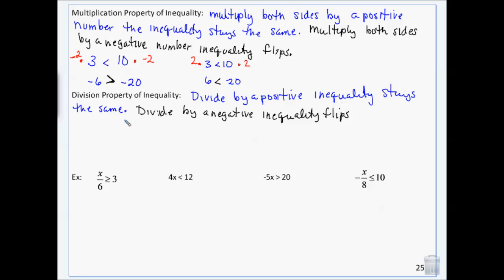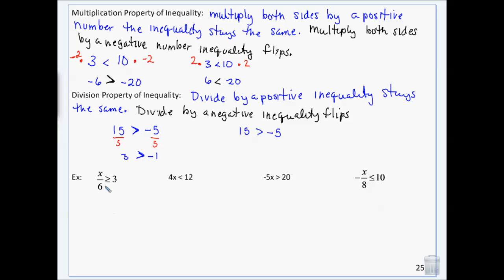And so if I used 15 is greater than -5. If I divide both sides by a +5, I have 3 and -1. 3 is still greater than -1.